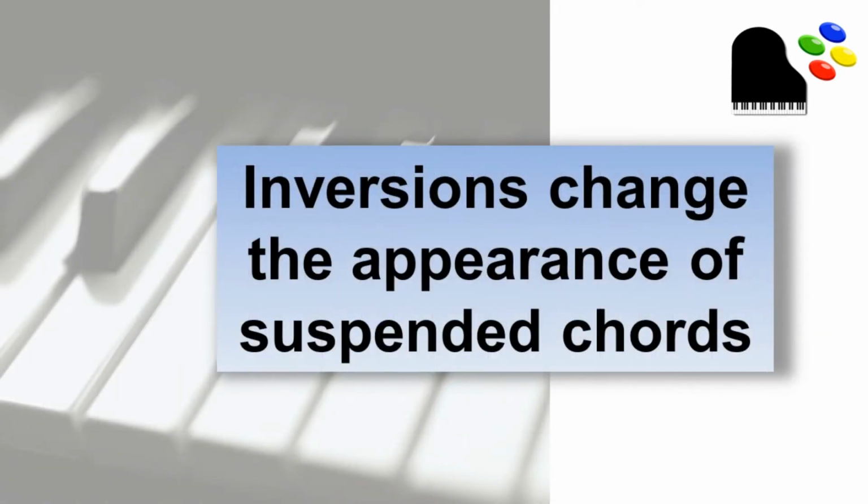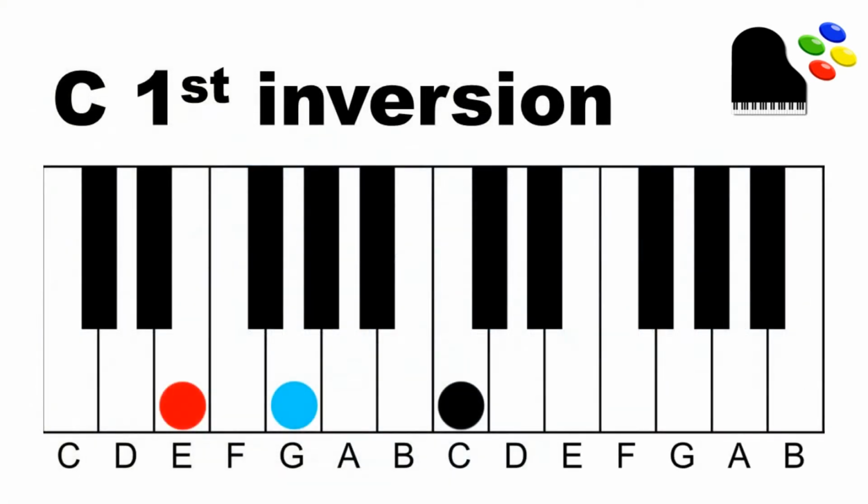Okay, inversions change the appearance of suspended chords, so they're going to look a little different. So you should know inversions, and let me show you what I'm talking about. We have C major in first inversion, where we've taken the root and moved it up an octave, and there we have our third, fifth, and our root. There's our third.